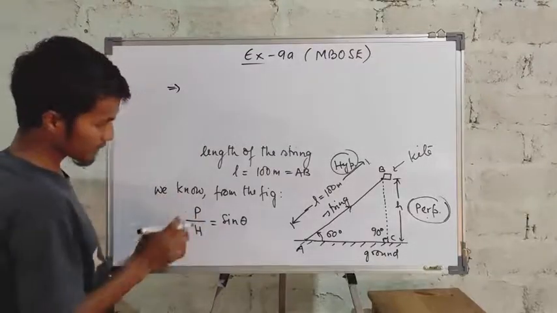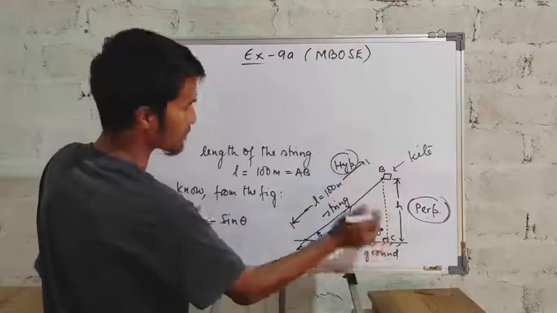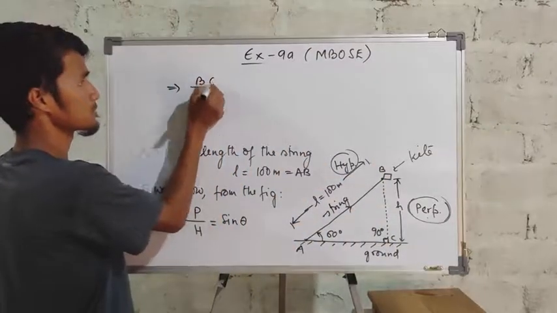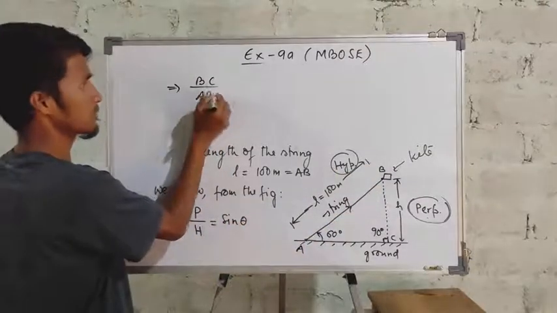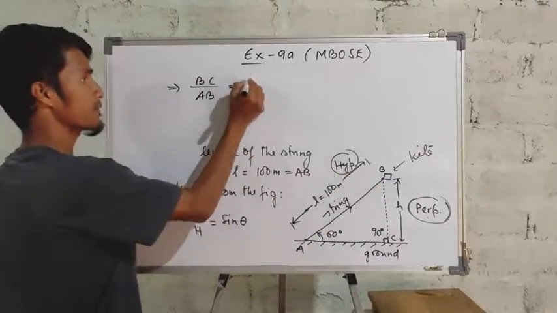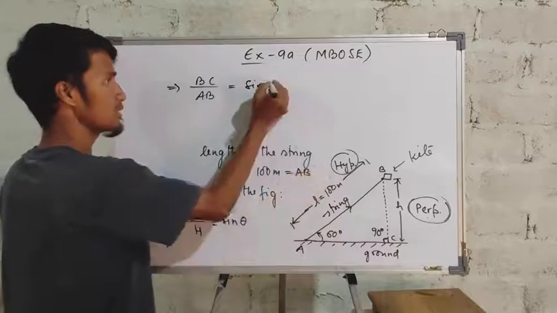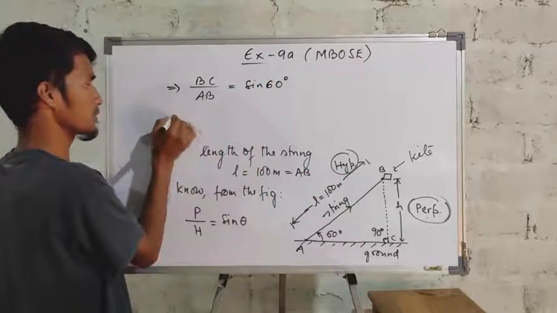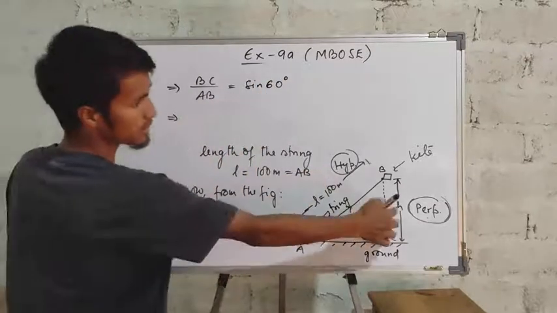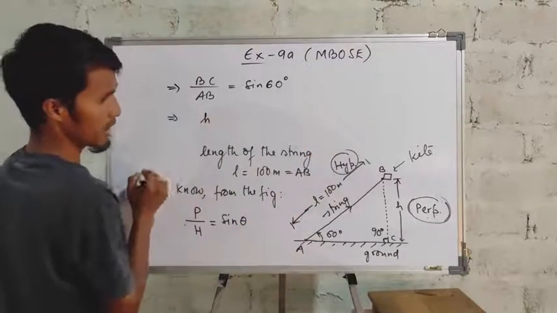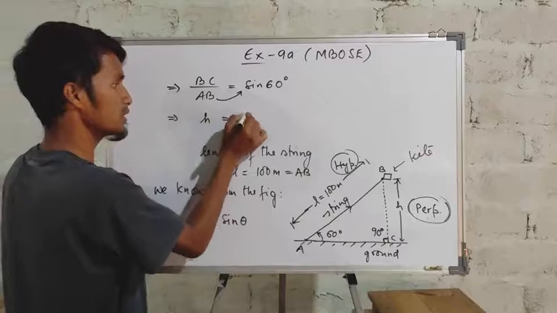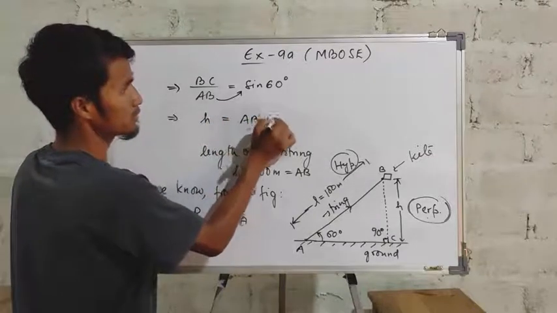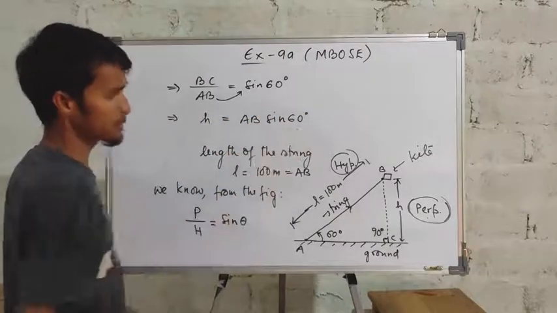From the figure, P is equal to BC, then H is equal to AB. In place of sine theta, sine of 60 degrees, and BC is the height. Now I'll take AB to this side, then AB into sine 60 degrees.